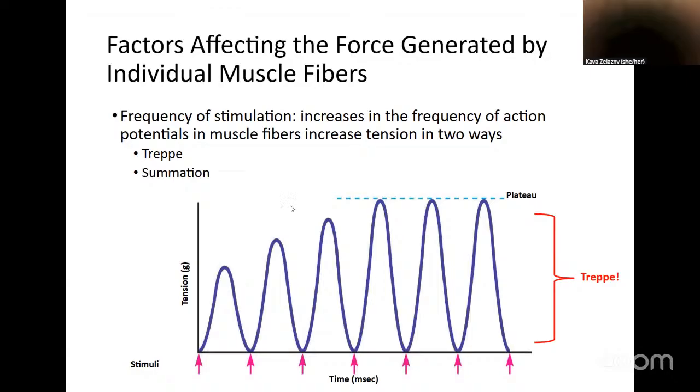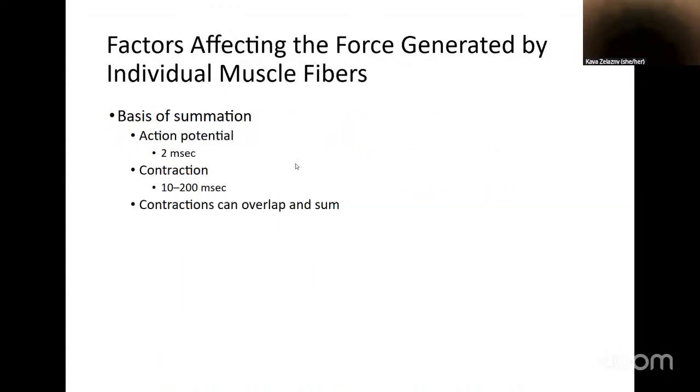The other thing that we can see with successive contractions is this thing called summation. Okay. So when we think about why we see summation, when we think about what summation is, we want to remember that our contraction fundamentally is a response to an action potential. Right?